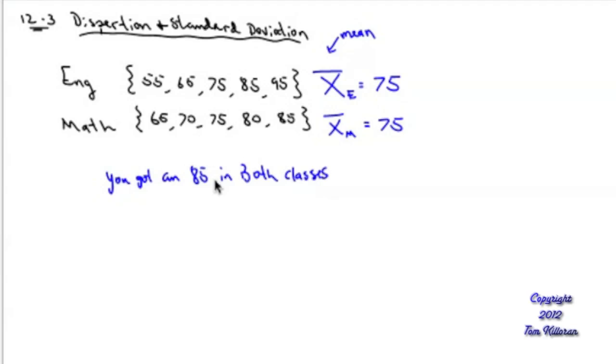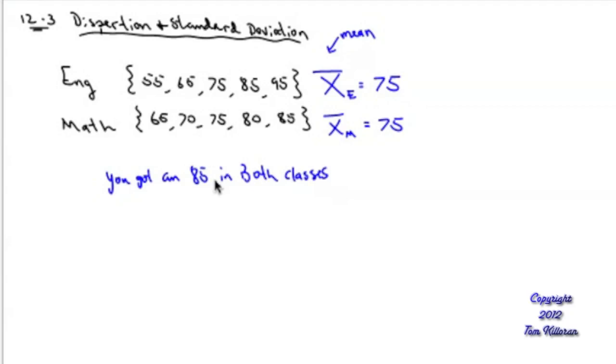Does that mean you got the same grade in both classes, the same distinction in both classes? No. Why? Because that's just the average. But if you got an 85 in these classes, did you do better in one than the other? Yes. Look at the grades.